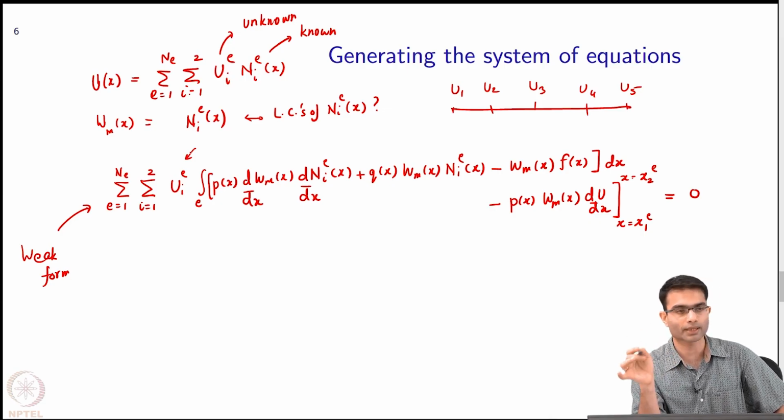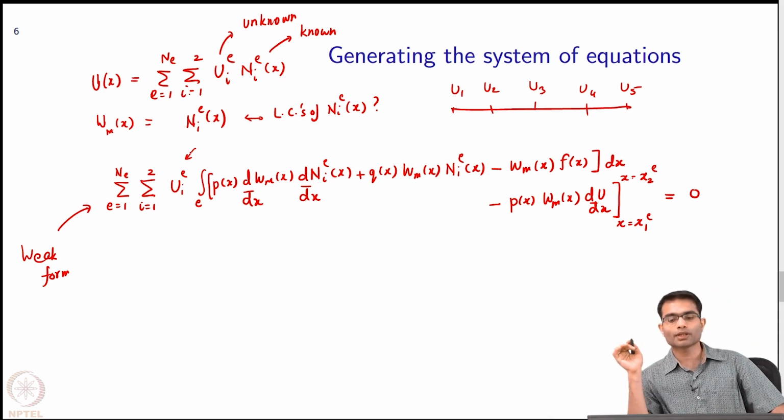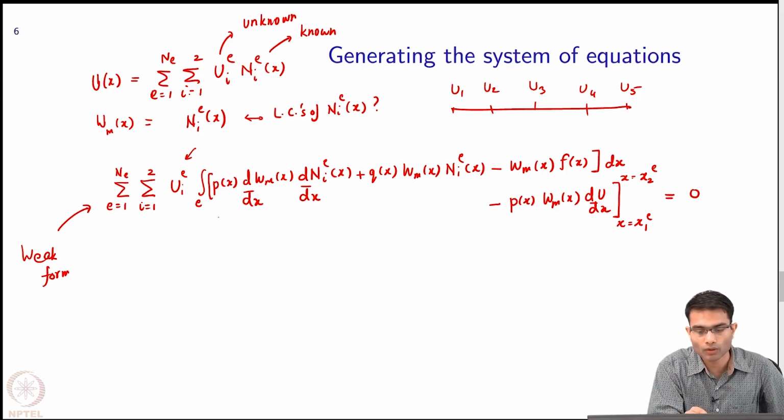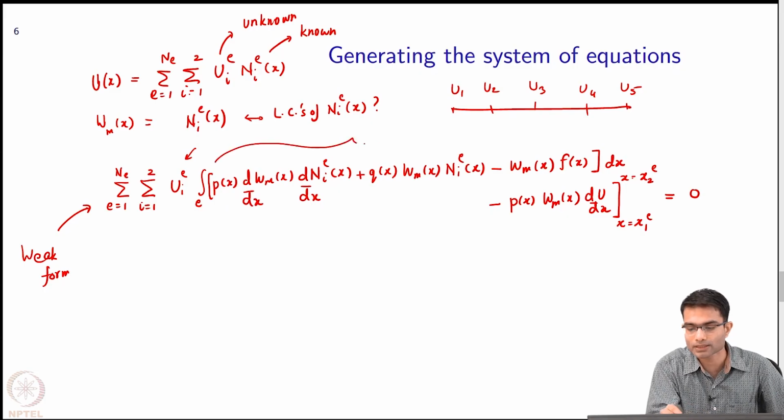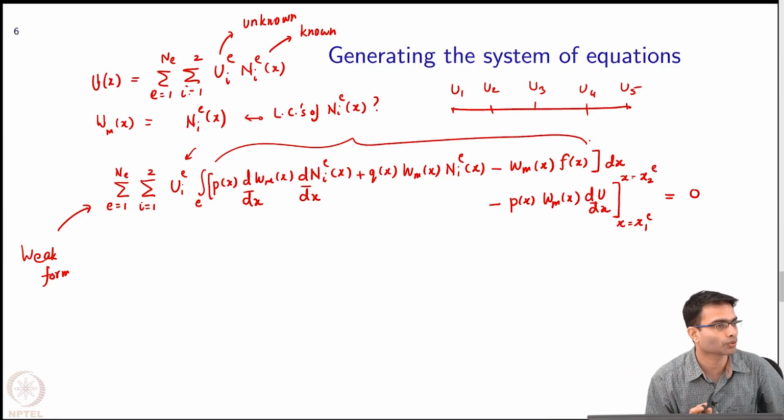Okay, so we can write it in either terms. So will you agree that this is one equation in 5 variables? One linear equation in 5 variables, because over here is everything inside this bracket known. F is given to you, Q is given to you, P is given to you, NIE you chose, WM you chose. So it may be looking complicated and ugly, but everything inside this is known to me.